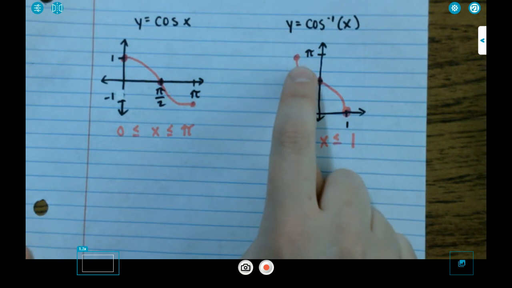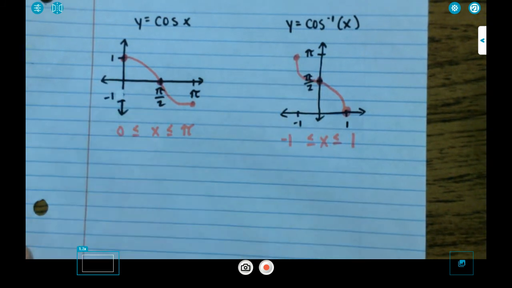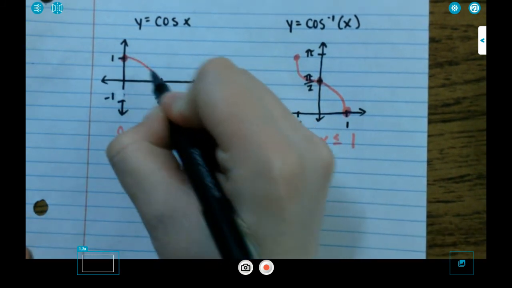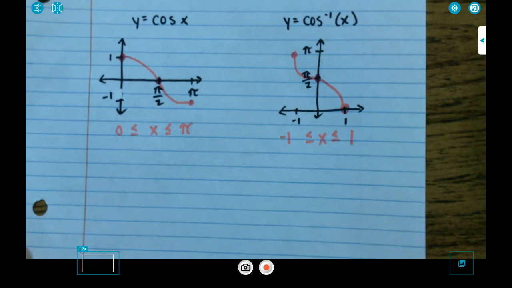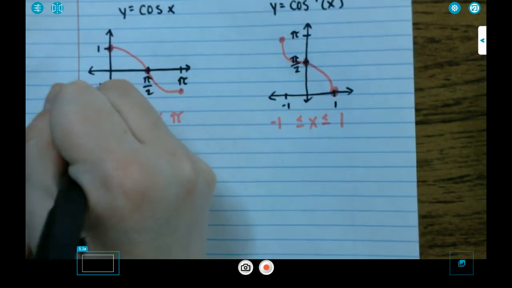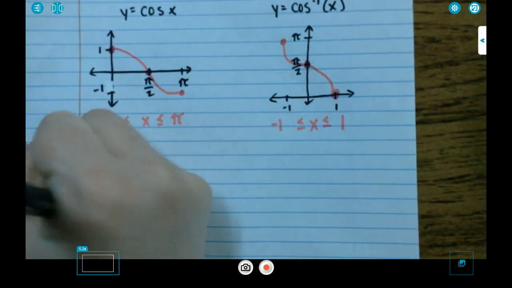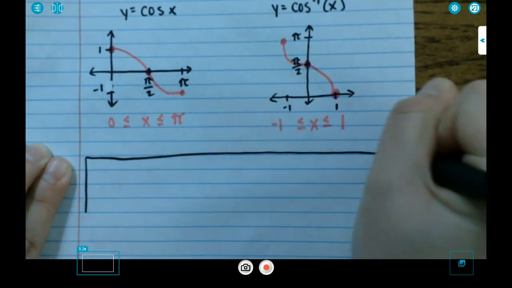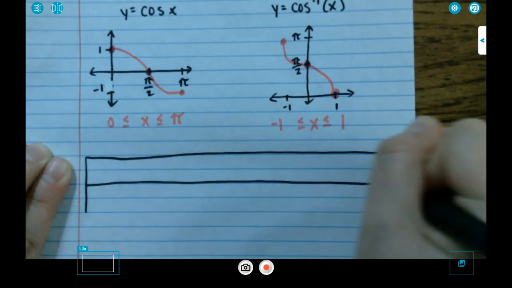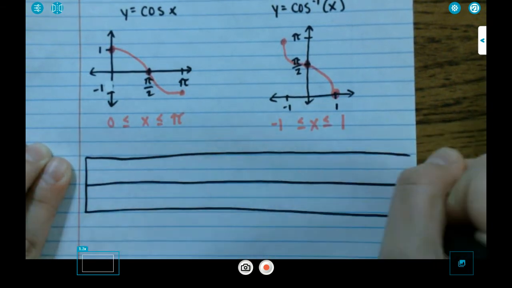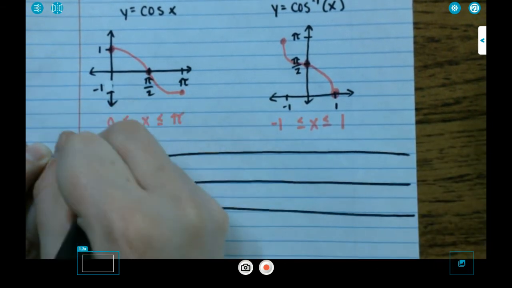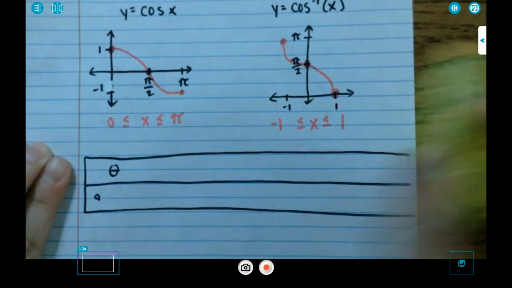We are now going to write down the exact values of every point along here that you are going to use today. So if we didn't excel on the last thing, we're not going to be able to understand this.